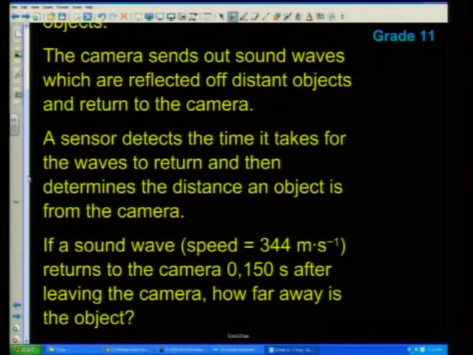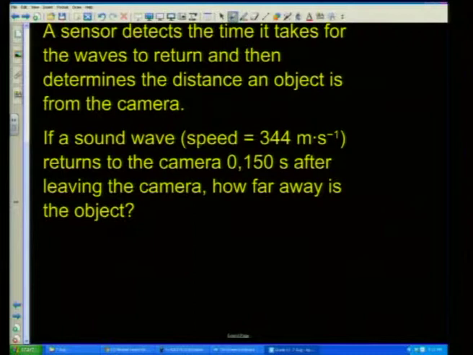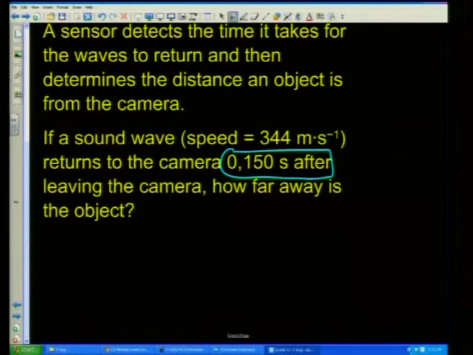This is brilliant. So that was just putting everything in context for you, grade 11s. It's got nothing to do with the actual question in terms of working it out. If a sound wave, which has a speed of 344 meters per second, returns to the camera 0.15 seconds after leaving the camera, how far away is the object?